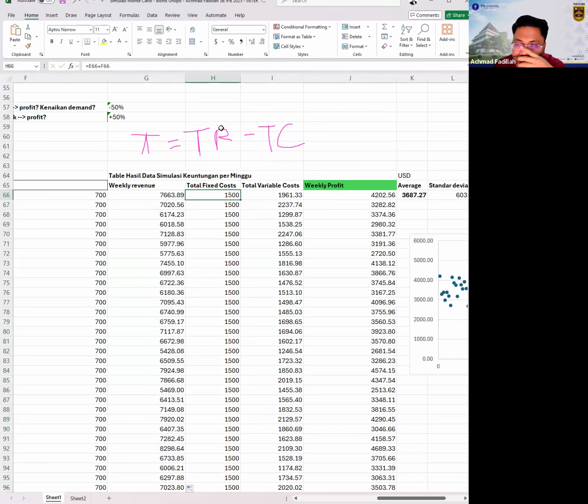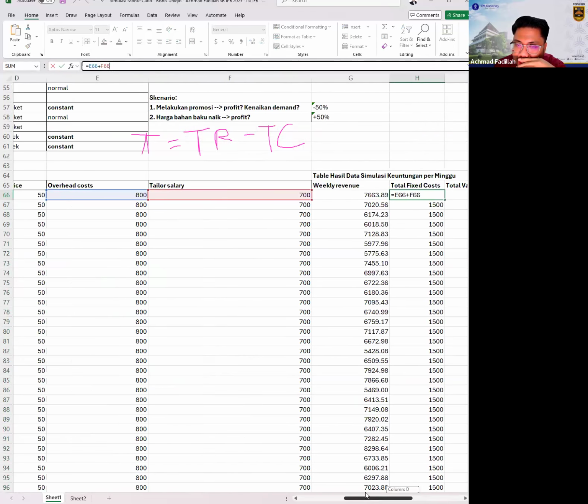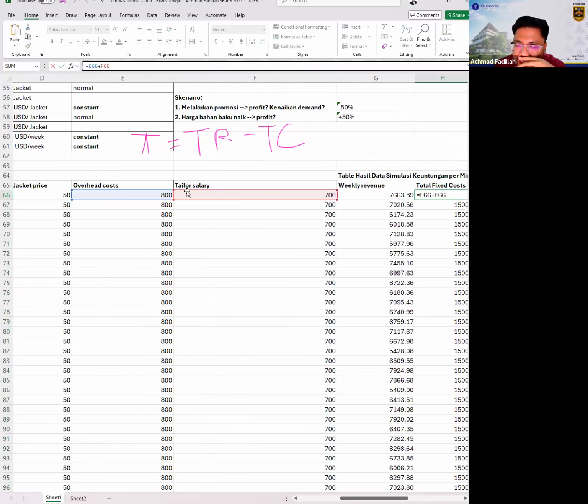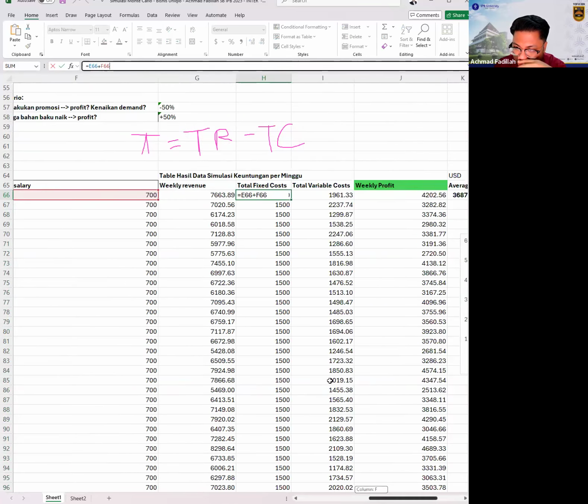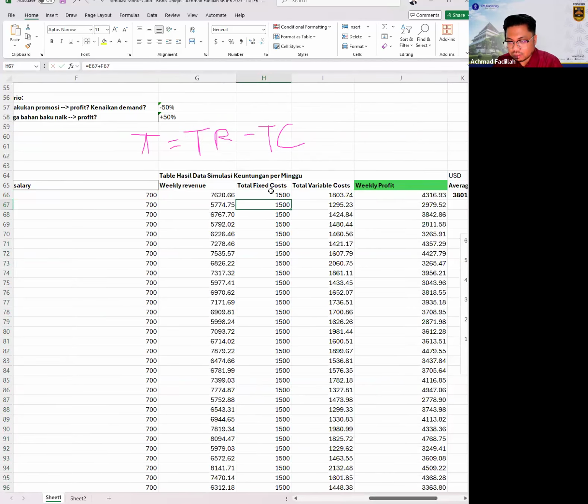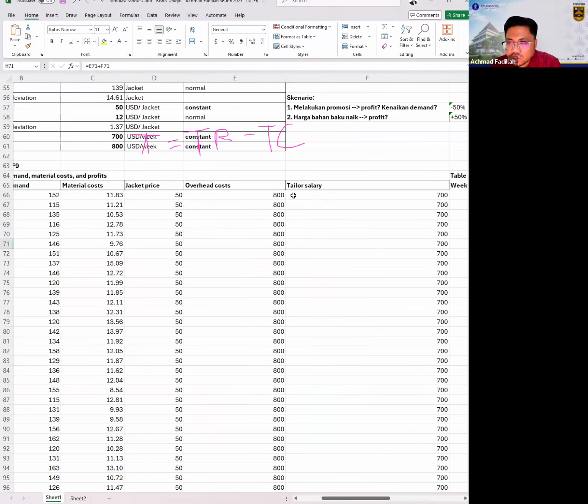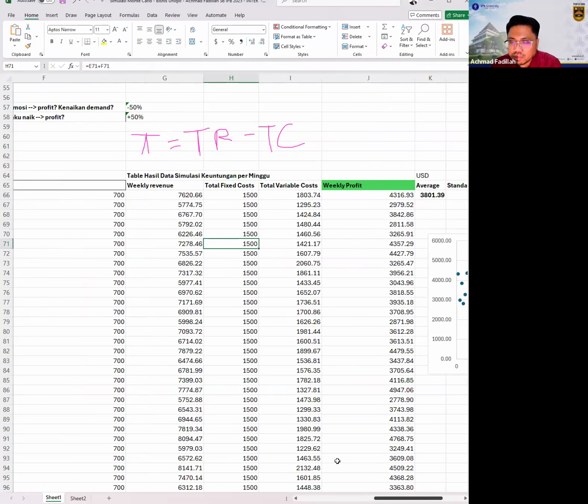And for total fixed cost, you can see here, you just calculate the overhead and the salary here. So you will get a total fixed cost of 1,500 for every iteration because they don't change. Every time you click F9 this will be the same.